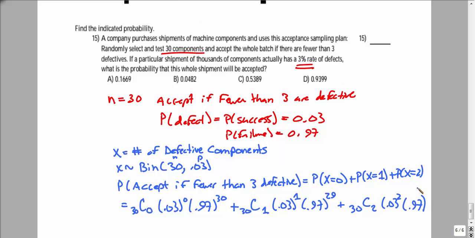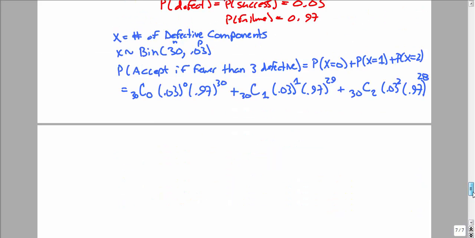Now this is how you would do this longhand. Okay, and we also have a shortcut that we can use as well. But let's go ahead and do this one first, and then we'll look at the shortcut.